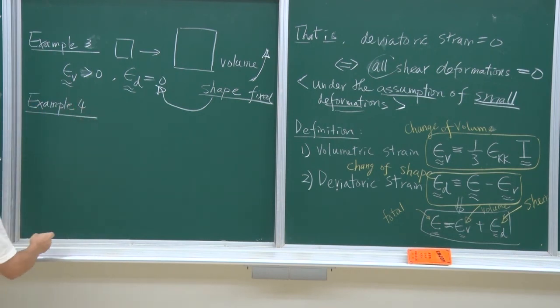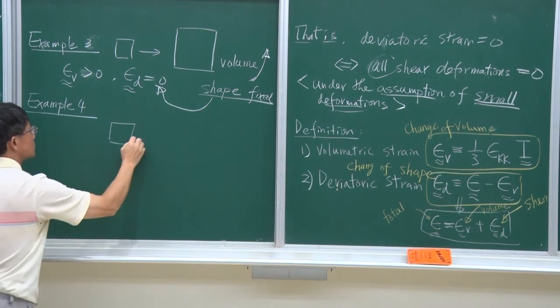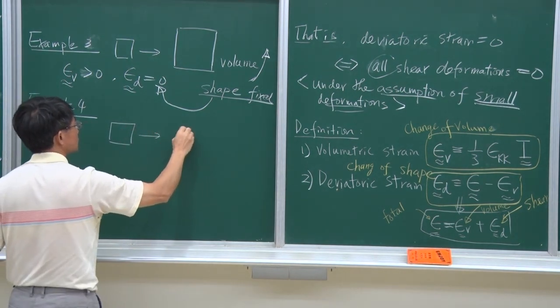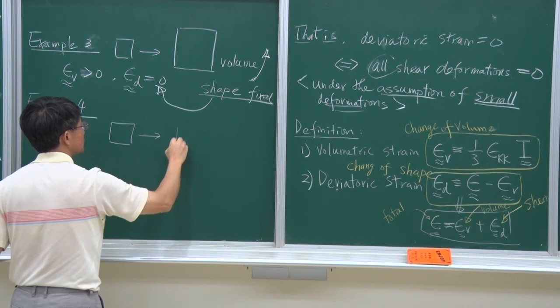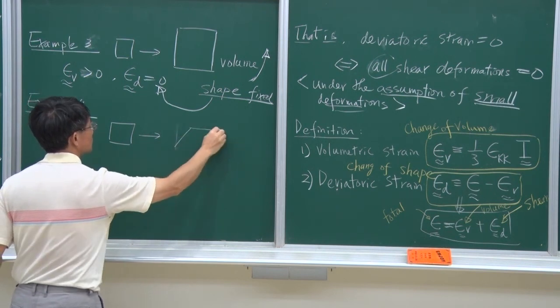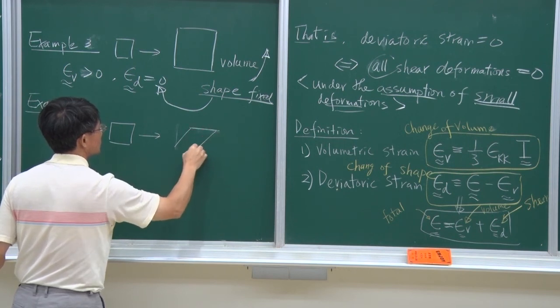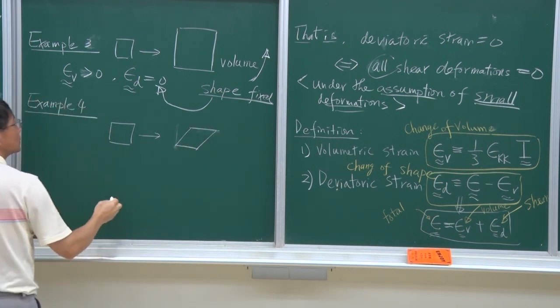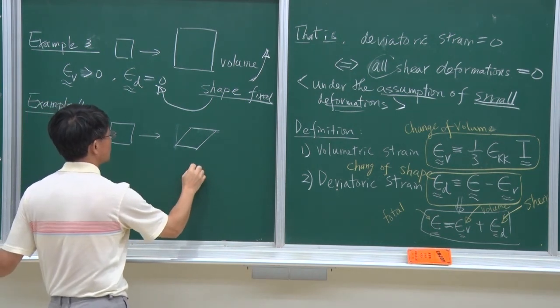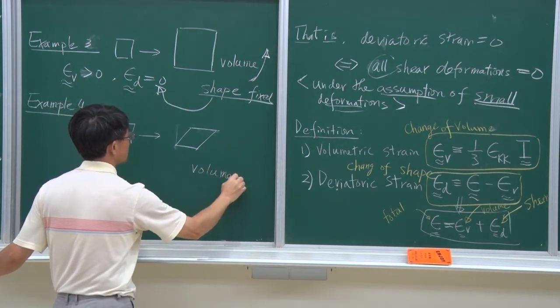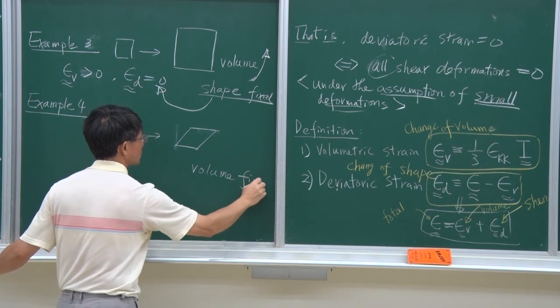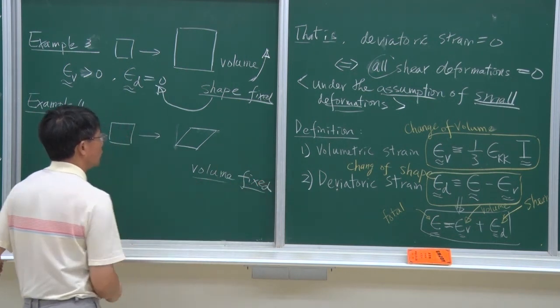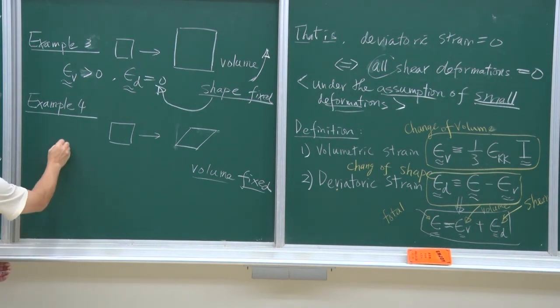Example 4. The volume doesn't change, volume stayed fixed. So in this case, the volumetric strain equals 0.